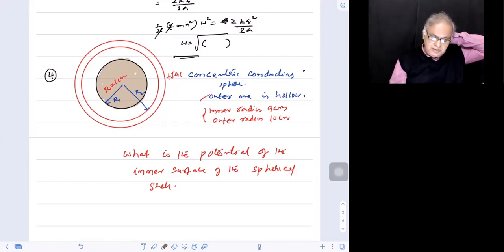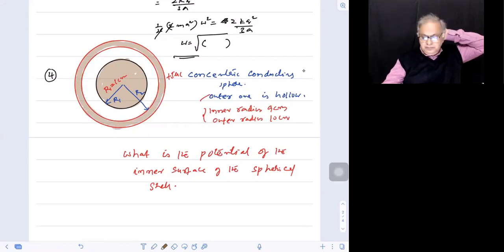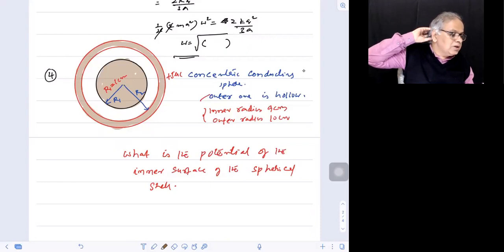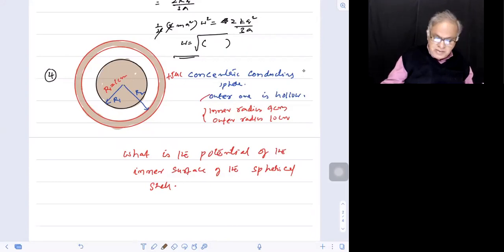If you want, I'll even put material in this. So this is the total situation, children. I hope I did not miss anything. The outer sphere is hollow and has a total charge plus 5. Nothing else is given, right? Oh, sorry. This has a charge of minus 3 microcoulombs. Which one? The inner one.